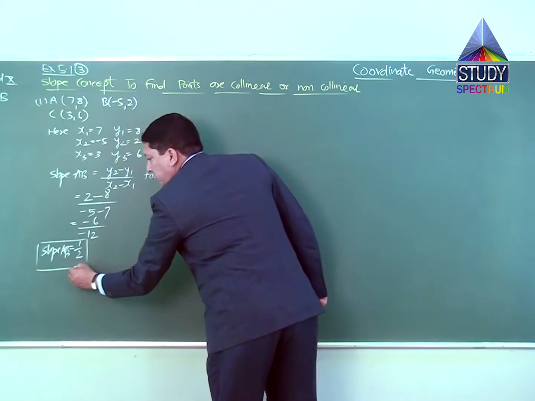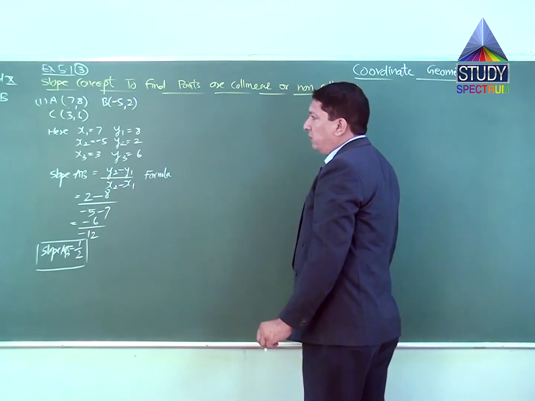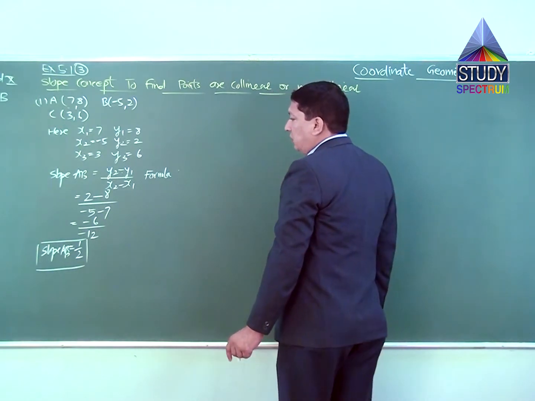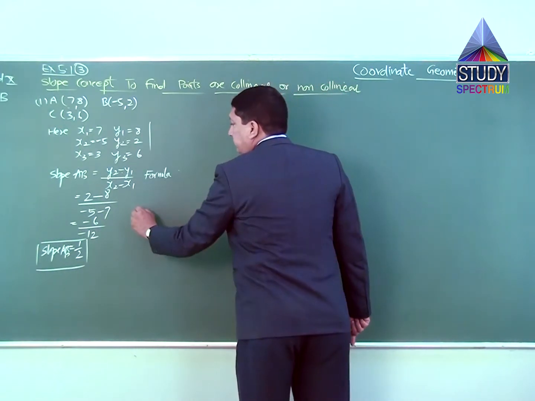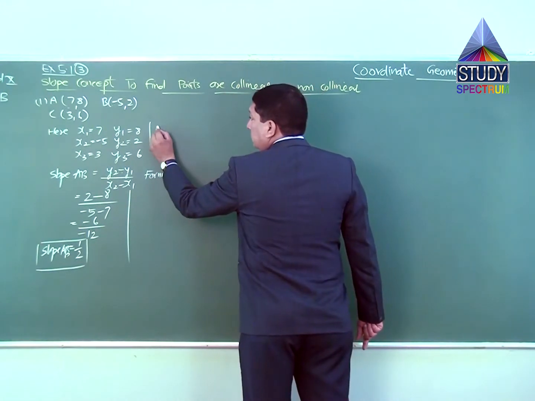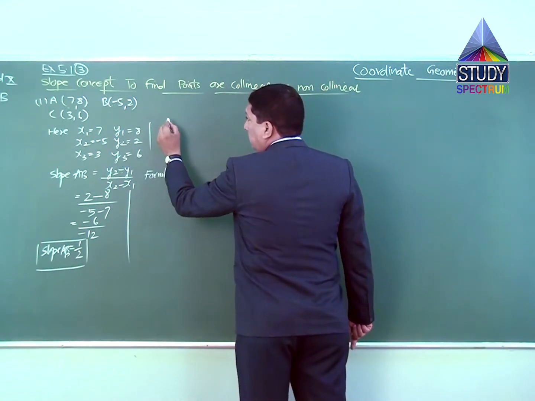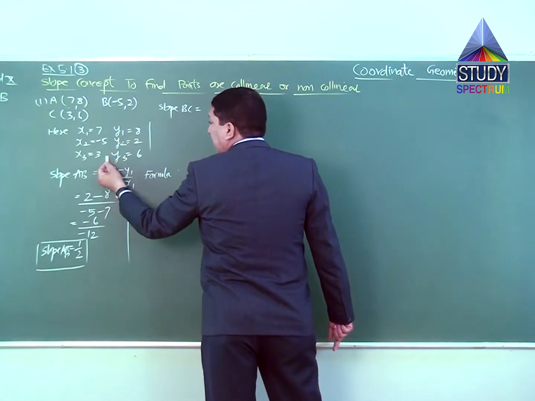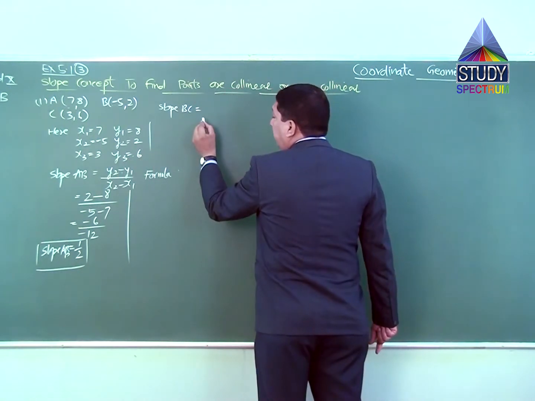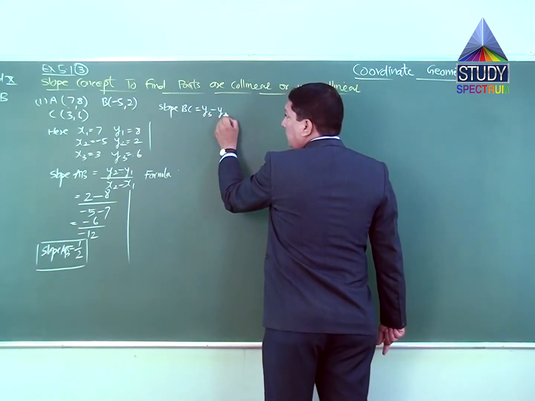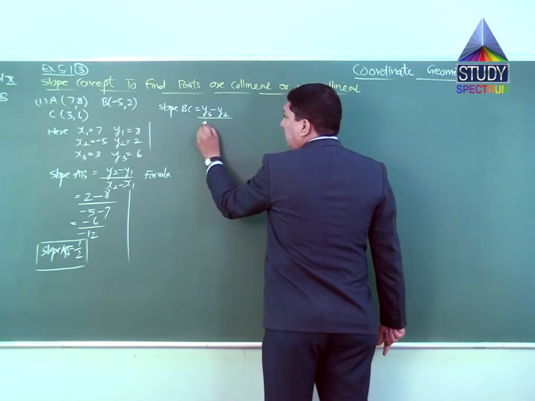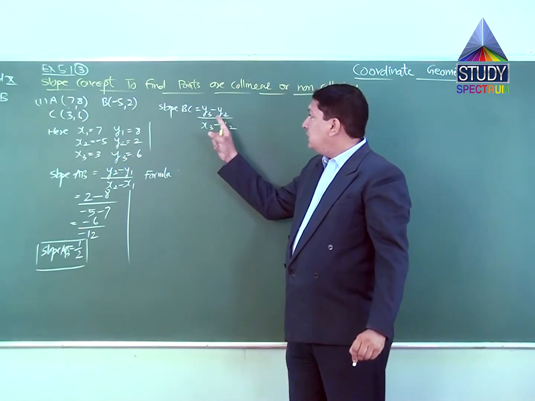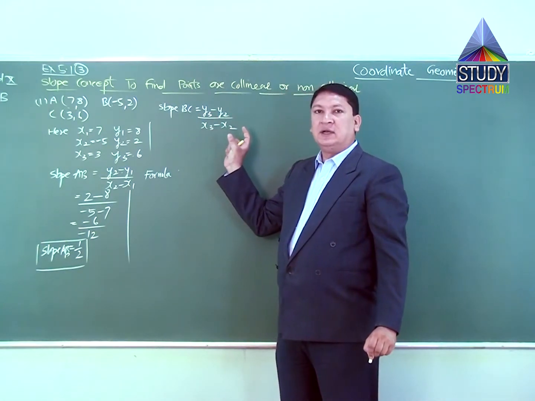Now we'll find out the slope of line either AC or BC. So we will find out the slope of BC now. So slope BC will be y3 minus y2 upon x3 minus x2. Students, please note, this y3, y2 are just the representation of the formula.